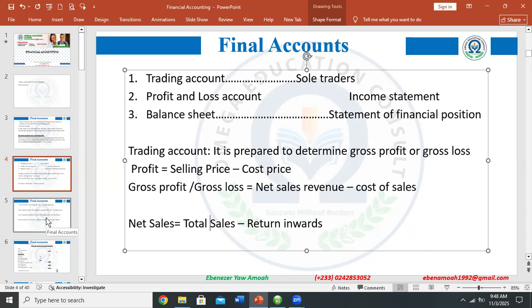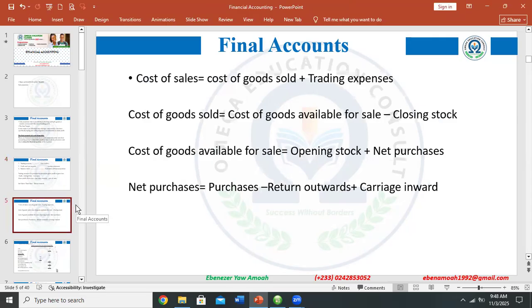The second one, which is cost of sales, right? You have to look at a few things before you arrive at your cost of sales. So what is cost of sales anyway? Professors, cost of sales refers to all the costs incurred to make the goods or merchandise ready for sale.